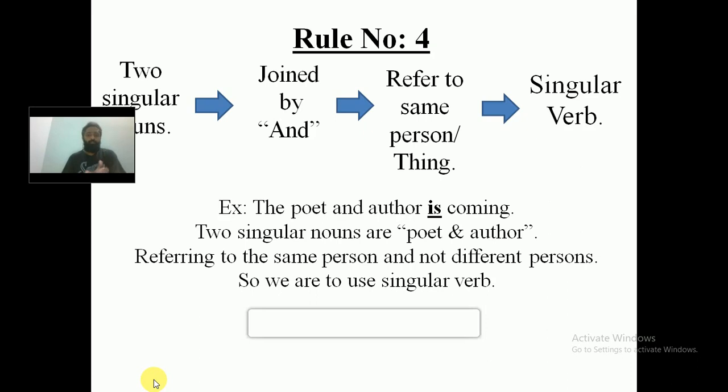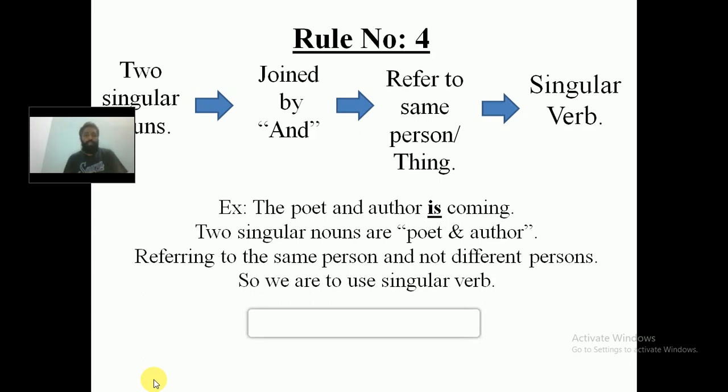Here these two nouns, poet and author, do not refer to two different persons. These two nouns are referring to the same person. So we are using the singular verb.